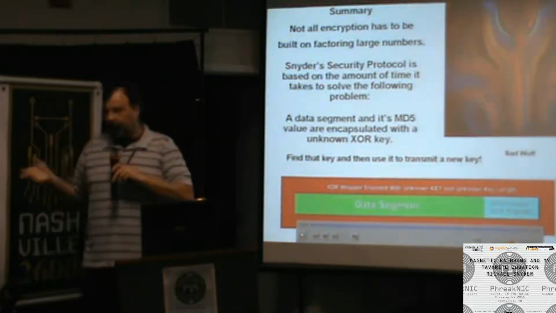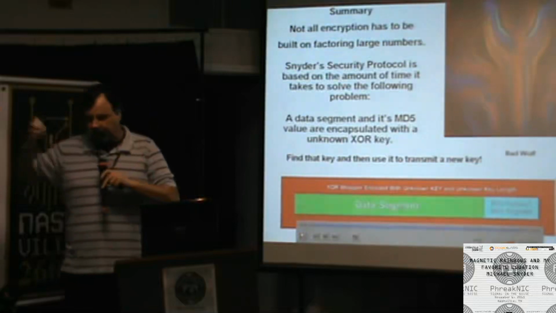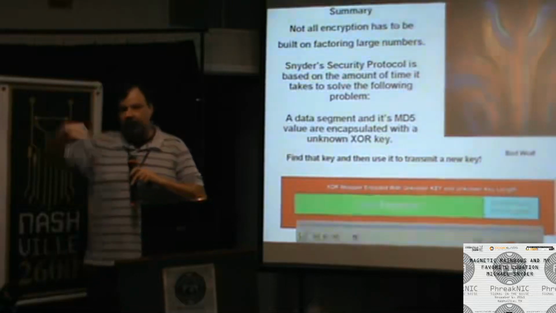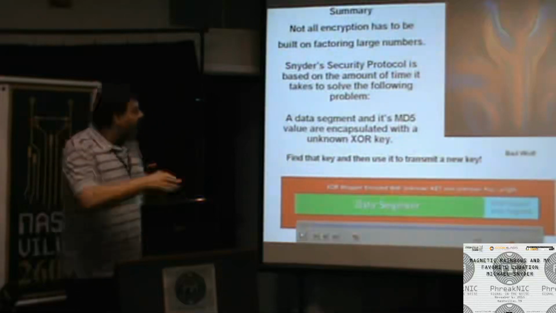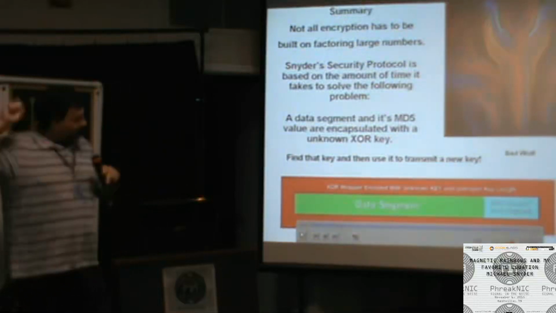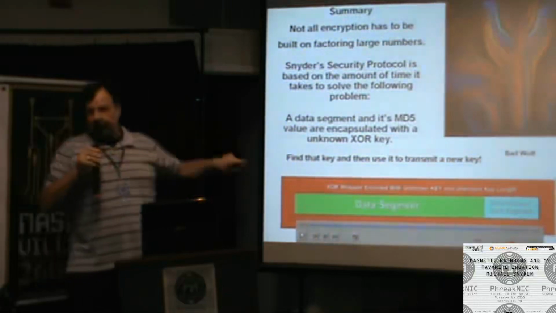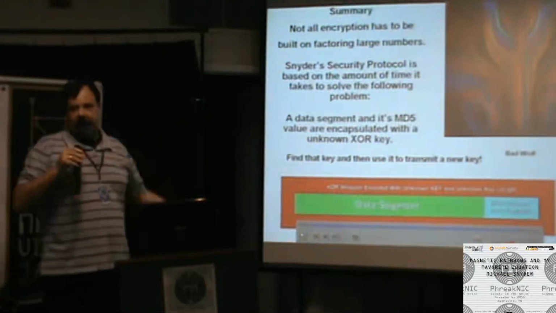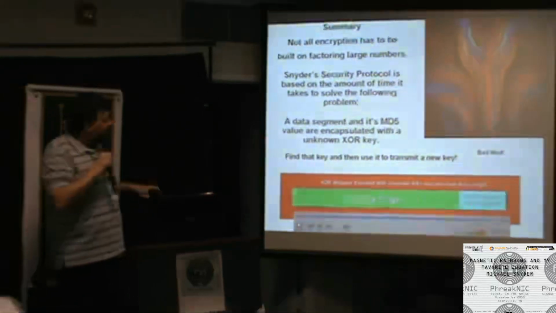MD5 is not the most secure protocol, but it's pretty good at a 1-to-1 ratio. You can't fake it out very easily. So I have a data segment, I get an MD5 value, and I record that value in the packet. And then I send it, say, from the server to the client.